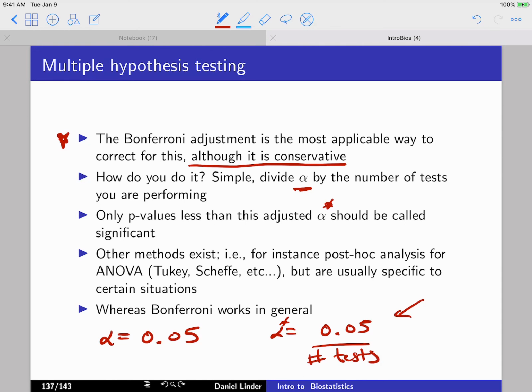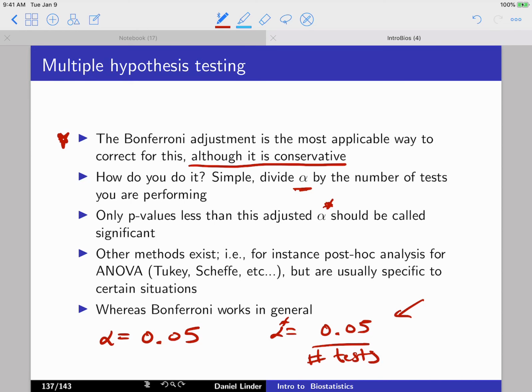Other methods exist. For instance, post hoc analysis for ANOVA, the so-called Tukey, Scheffe's method, etc. But these are usually specific to certain situations, so they wouldn't be applicable to just general analyses. But with this Bonferroni adjustment, it doesn't matter which individual analyses you were doing.